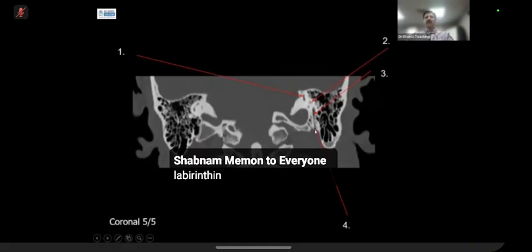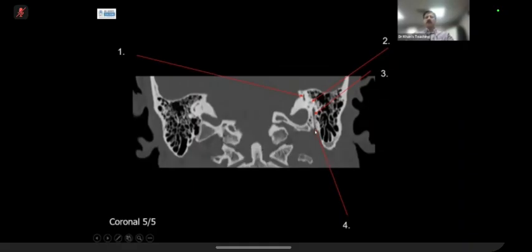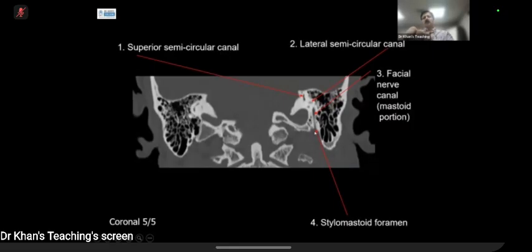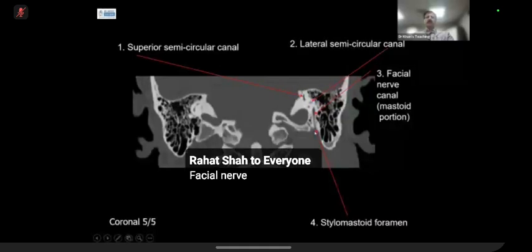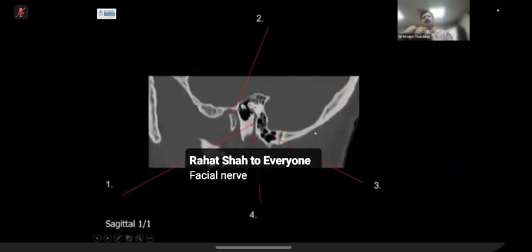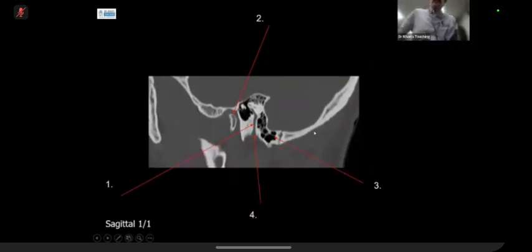And then this thing here, number 4. Yeah, very good. So these are excellent. A sagittal sequence. So what is number 1?